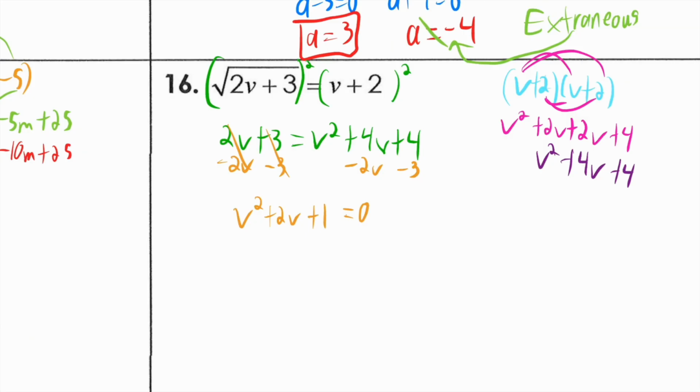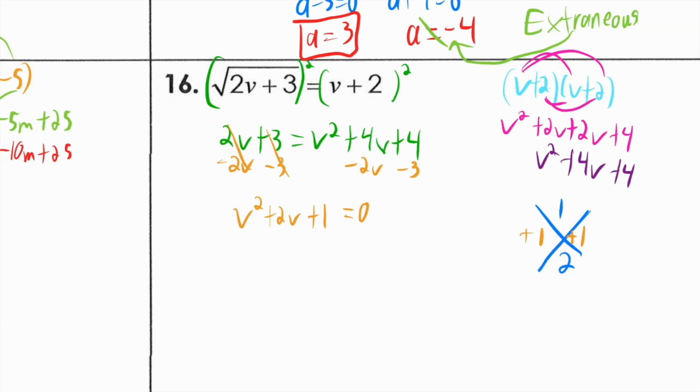And so now 3 terms, I look for a GCF, there is none. So I'll go ahead and make my x. And as I make my x, I end up having 1 at the top, 2 at the bottom. And 1 times 1 multiplies to 1 while adding up to 2.